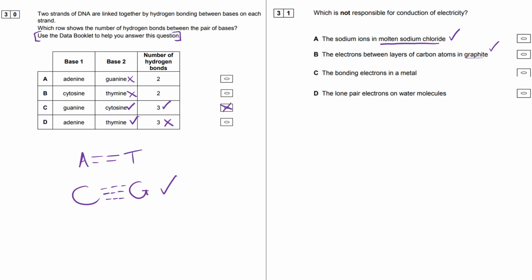The electrons in a metal, the bonding electrons, also known as the delocalized electrons, are attracted to the positive ions, so that's why they're known as the bonding electrons. They are free to move and carry a current. Metals can conduct electricity. However, the lone pair of electrons on water molecules is not able to flow, so therefore that one is not responsible for the conduction of electricity.